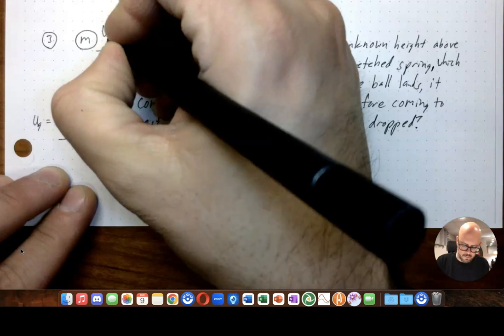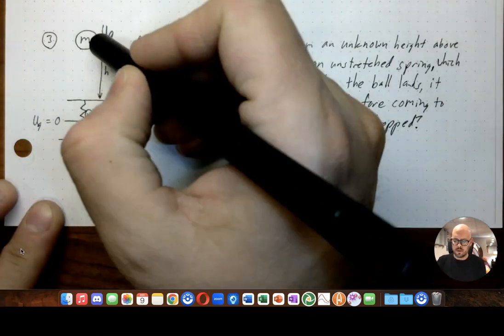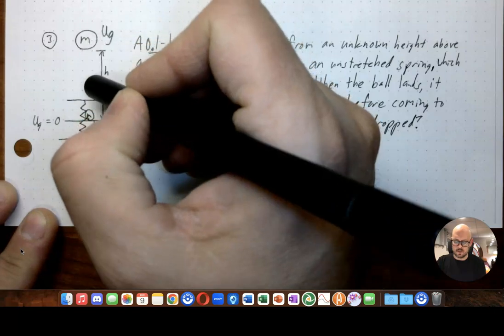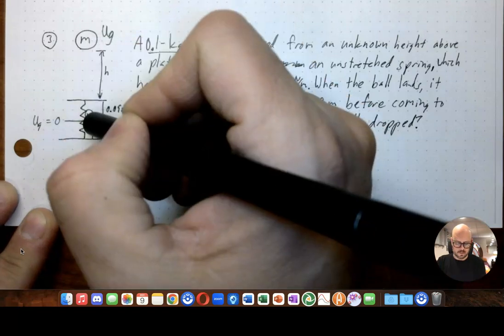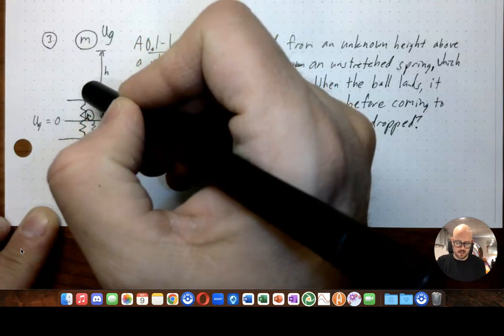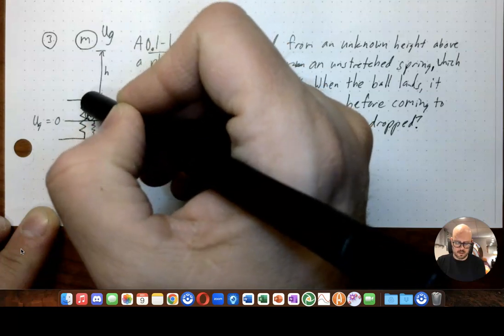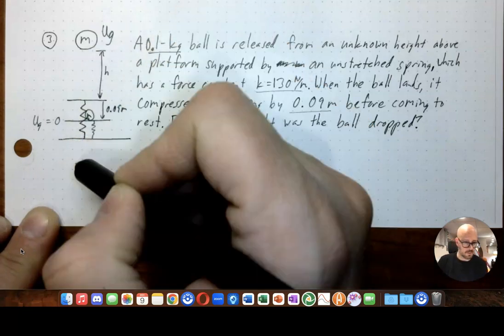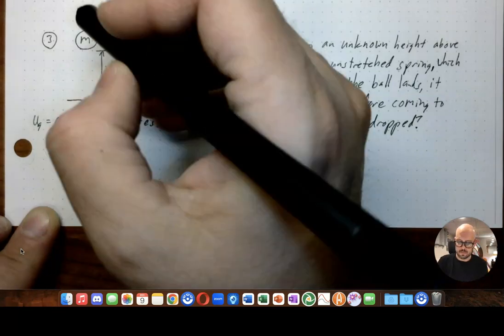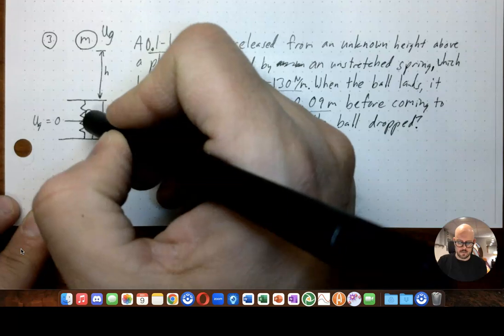Okay, now I have to think about the types of energy. Obviously, gravitational potential energy is happening up at the top there. That gravitational potential energy is lost all the way down until we get to 0. As the ball falls, it gains kinetic energy, and once it hits the platform, that kinetic energy is then transferred into elastic potential energy. Now, the thing about this problem is that the mass is at rest way up here, and it's again at rest way down here.